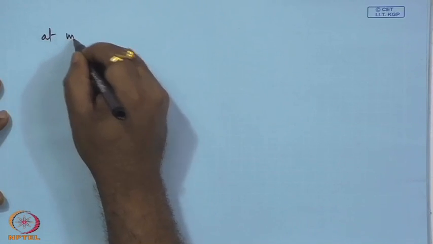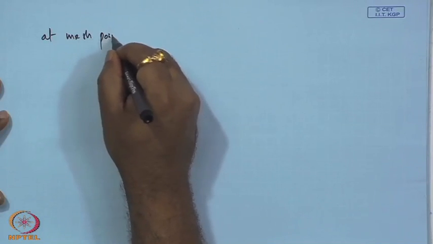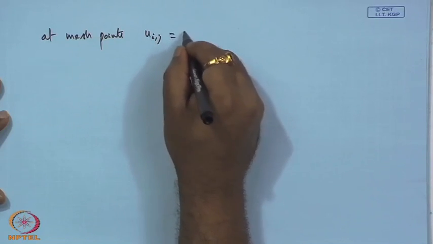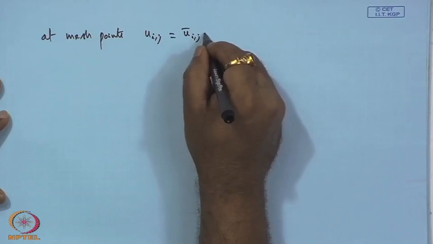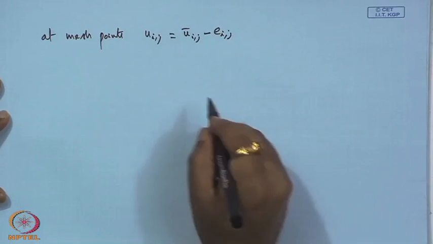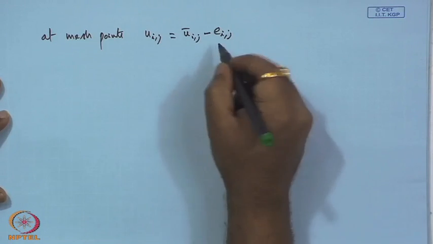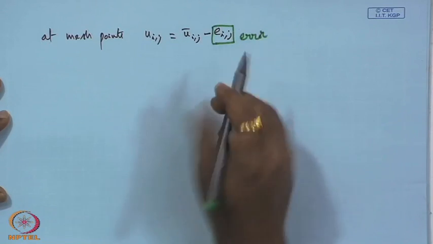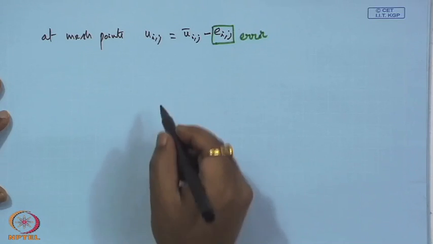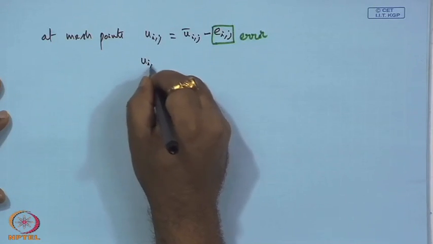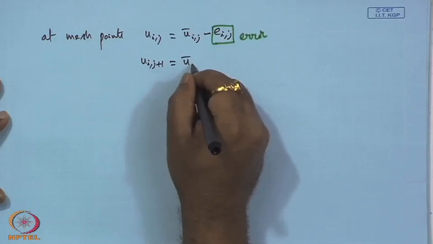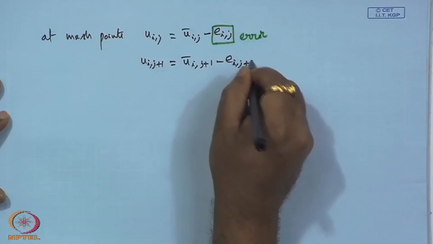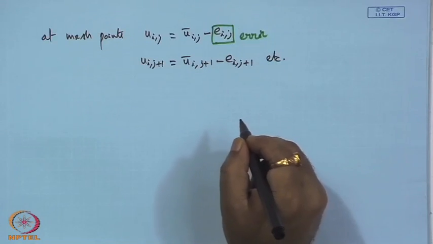So, at mesh points, this is a discretized and say this is exact, they differ by, this is the error. Then following this ansatz, etc. Okay.